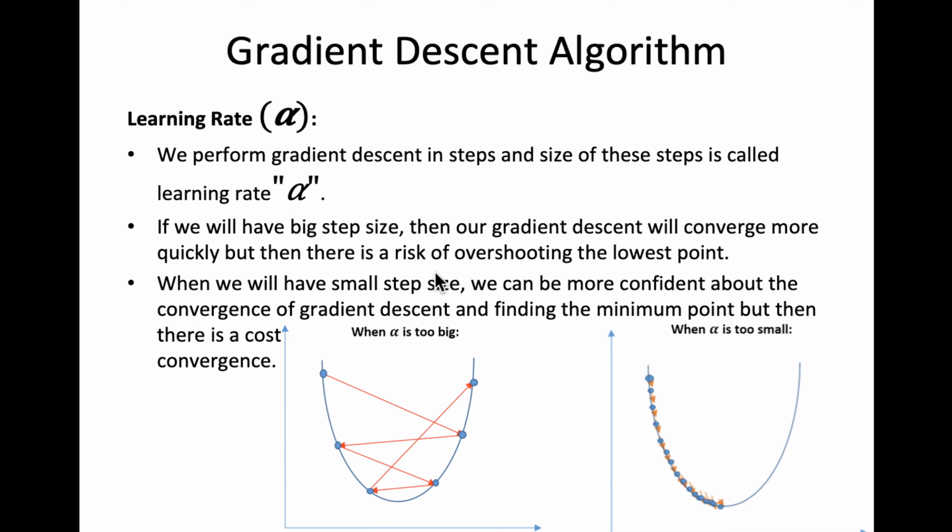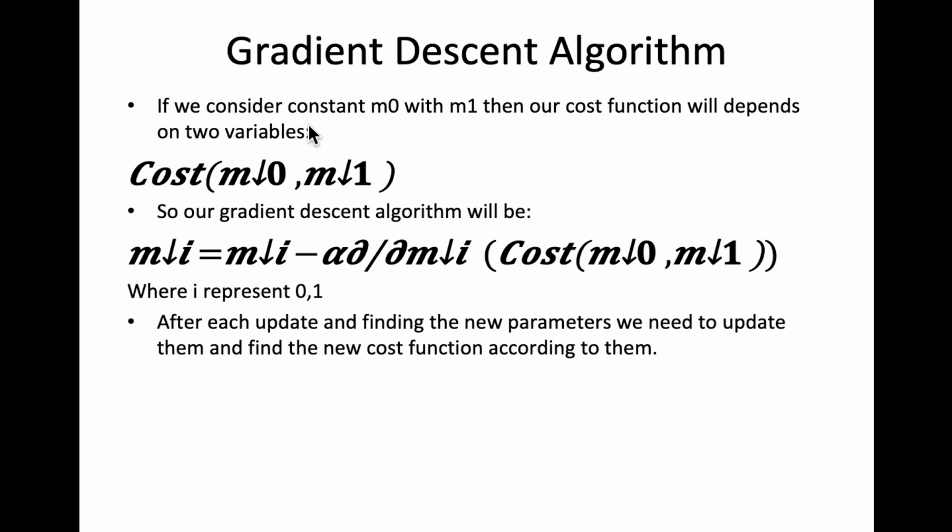With a big step size, our gradient descent will converge more quickly, but we could overshoot the lowest point. With a smaller step, we can be more confident about finding the minimum point, but then there's a cost of slower convergence. So typically we keep the alpha value or the learning rate pretty low in order to move step by step.